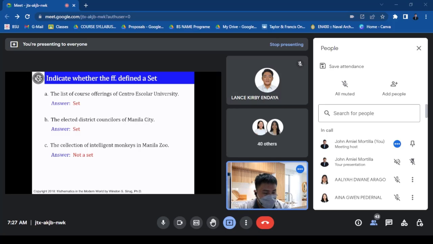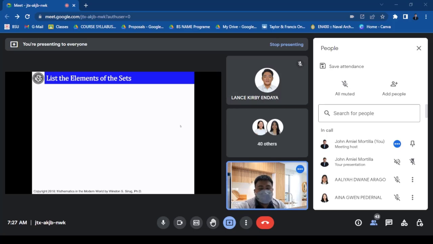So, within that, hindi siya well-defined pag sinabi mo siyang intelligent monkeys. So, yung sinasabi dito is, ang ating set is a well-defined element ang nasa loob niya. So, hindi pwedeng maging set ito kasi hindi well-defined yung nasa loob ng set niya. Medyo broad. Ganon.